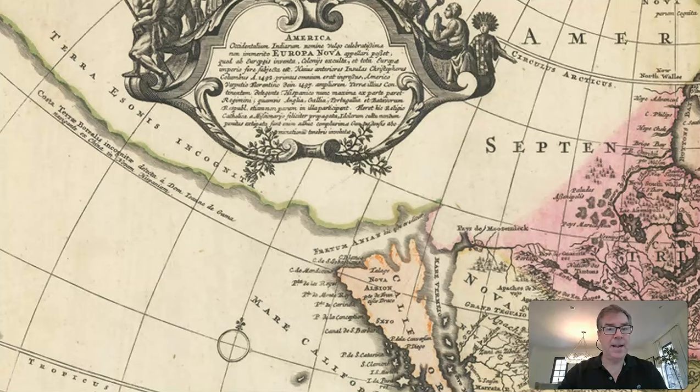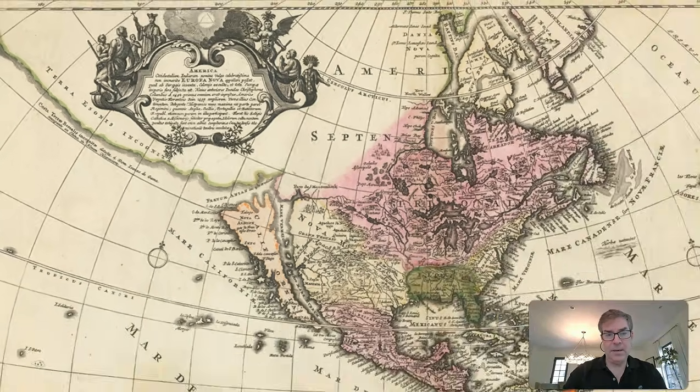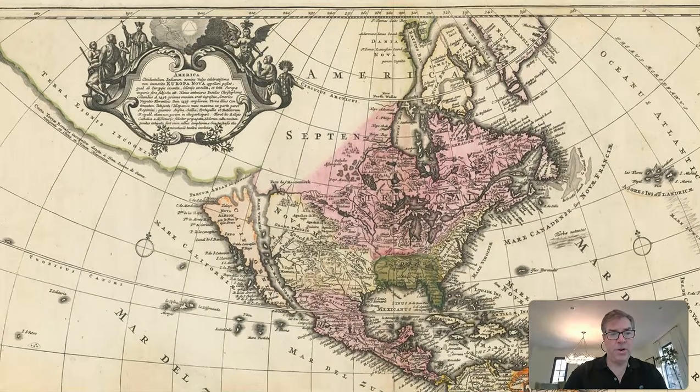And so this is land that's there, it's present, but it's unknown what it is. And you can see again California as an island and the Strait of Anian. But you do not see the coast of Tartary shown anymore, and you do not see the Strait of De Vries anymore.